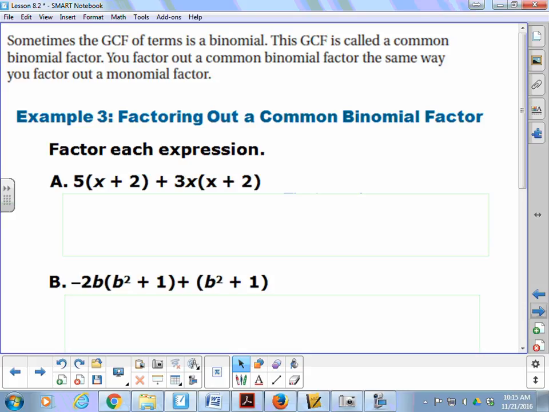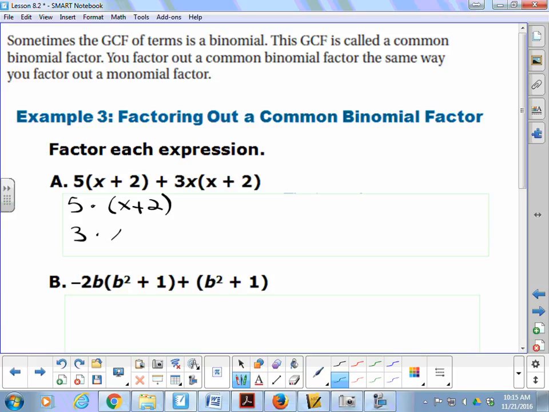If I wrote the prime factorization of that, it would be 5 times x plus 2, that whole thing. And 3x times x plus 2 is 3 times x plus 2.